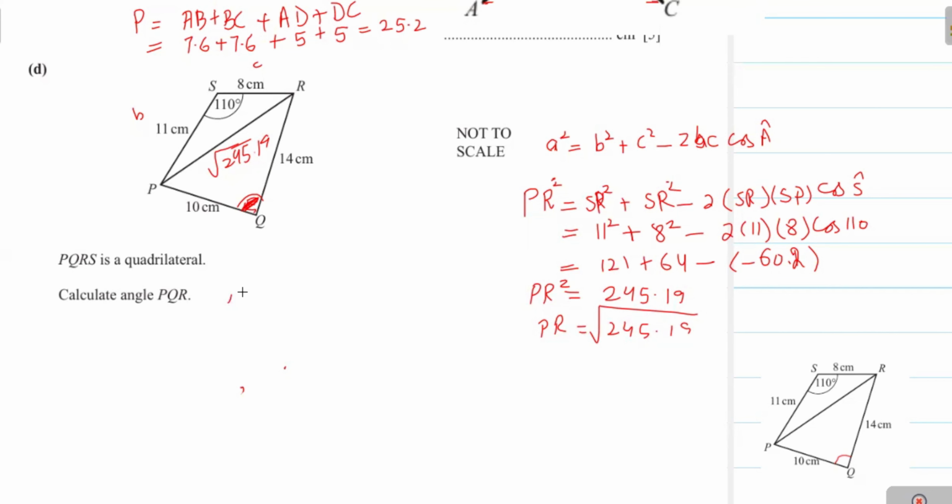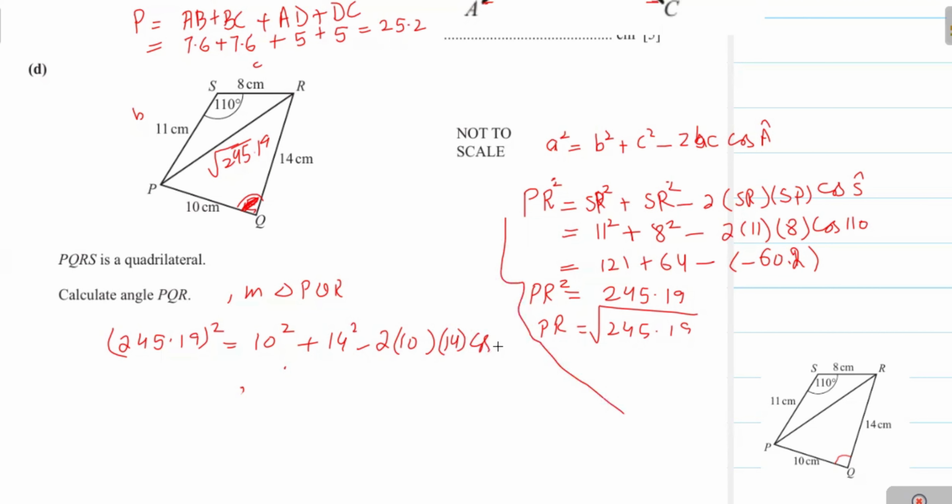In triangle PQR, this length, square root of 245.19, whole squared, will be equal to the sum of squares of the other two sides, 10 squared plus 14 squared, minus 2 times the product of these two sides, 10 and 14, and the cos of the angle between them. This is PQR.